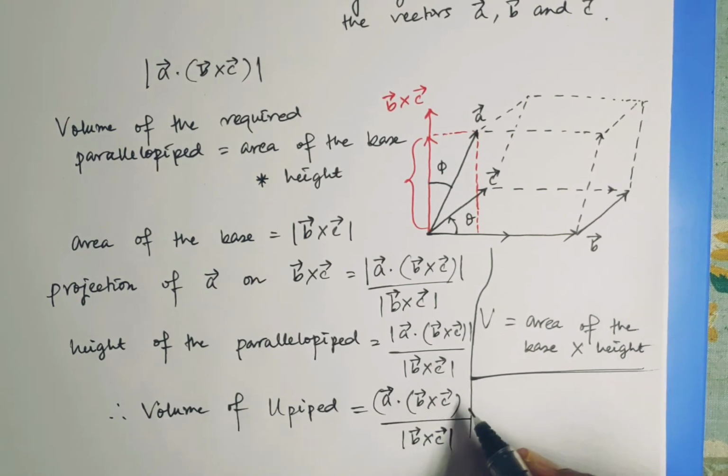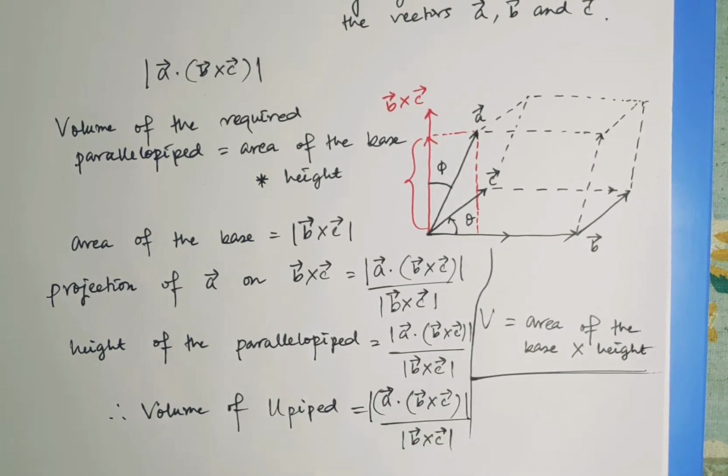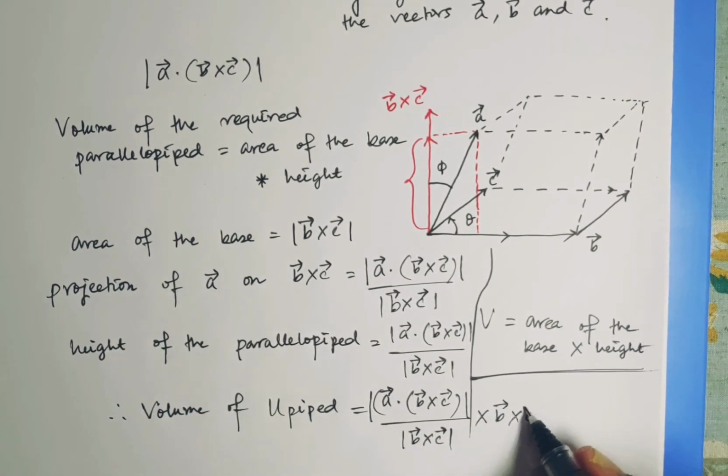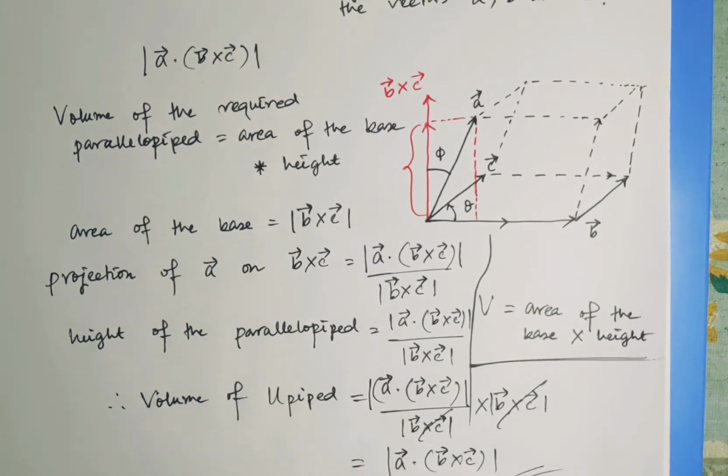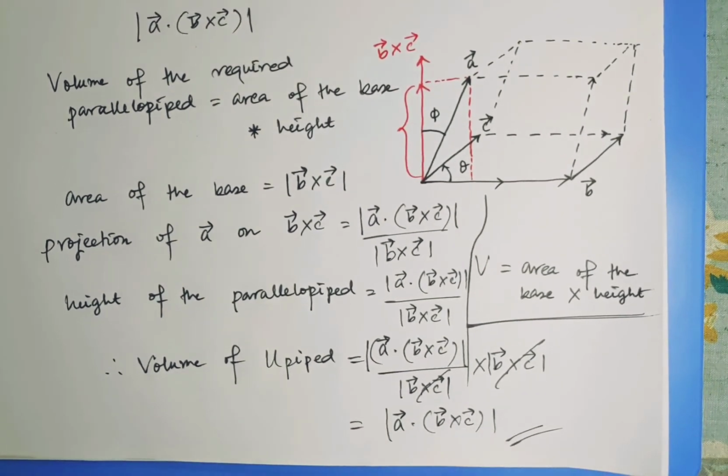And what was the area of the base? It is magnitude of B cross C, right? Okay, so this one goes out. So what I have is A dot B cross C. That's it. This is our answer.